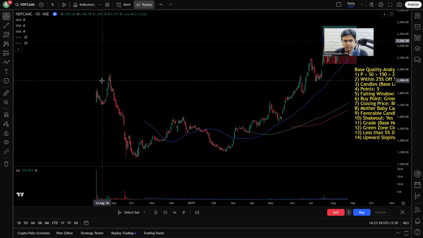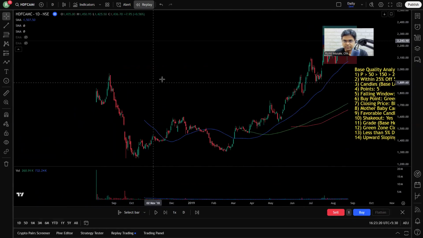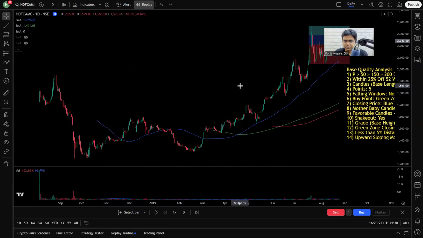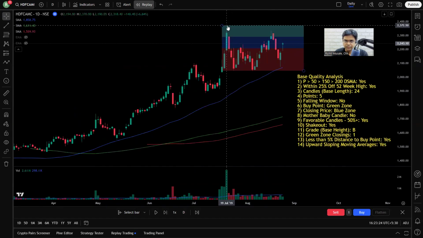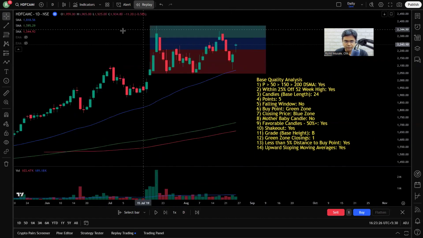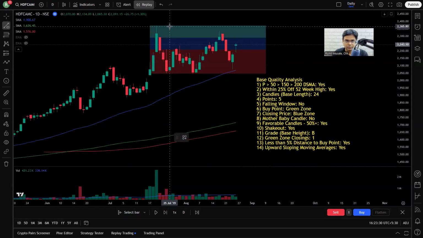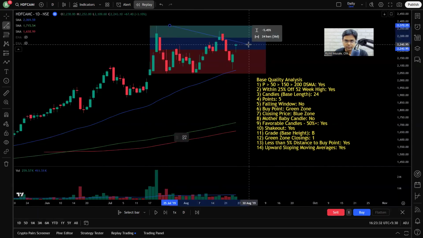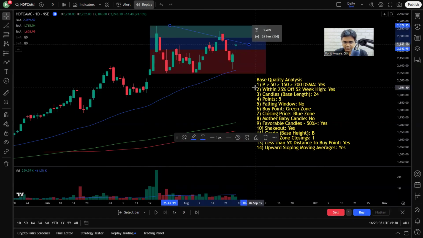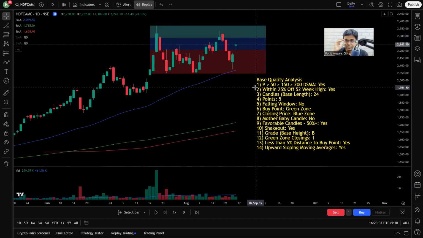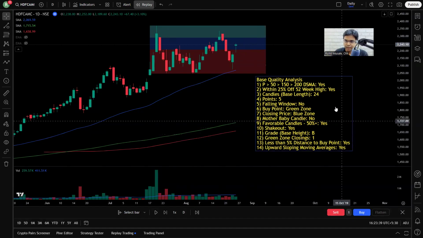Somewhere here. Okay, this is 18. What's the highest price in that range? That's the highest price. So that's the 52-week high. What is the distance between 52-week high and closing price? Less than 6%. So it is within 25% of 52-week high.